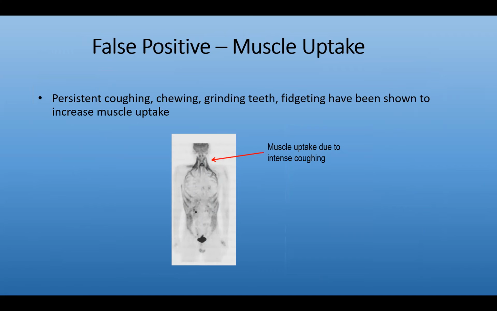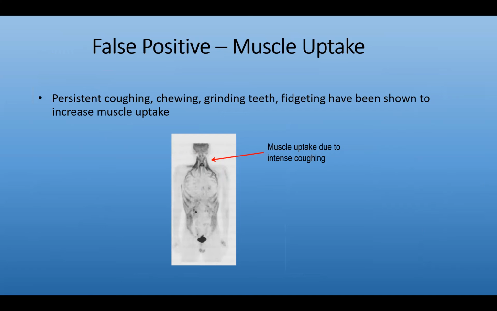This can also be seen in patients that are grinding their teeth, chewing gum. You see uptake in the jaw in patients that are chewing gum, and even fidgeting has been shown to increase muscle uptake in the hands and the lower arms.